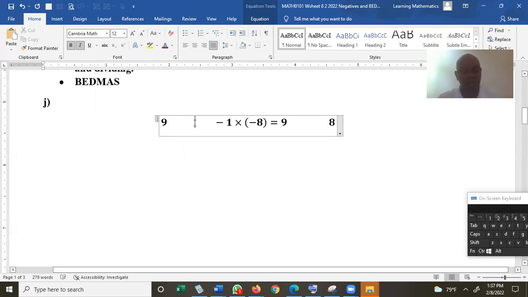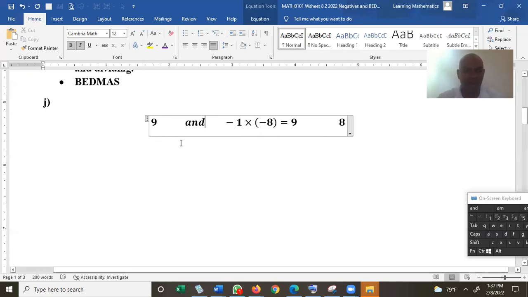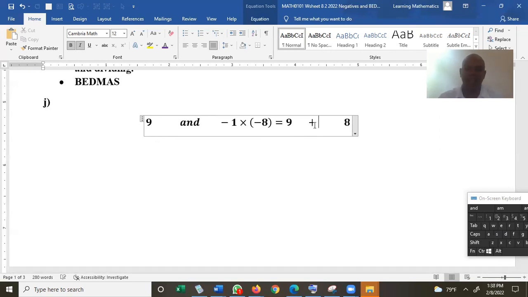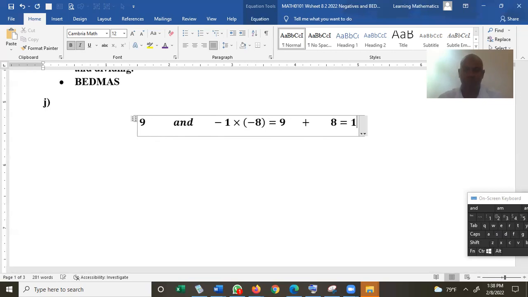There's an invisible and between there. Once you create a space, you can insert an invisible and between the space that you created. This is 9 and this. 9 plus, because and in arithmetic is plus. 9 and 8 is equal to 17.